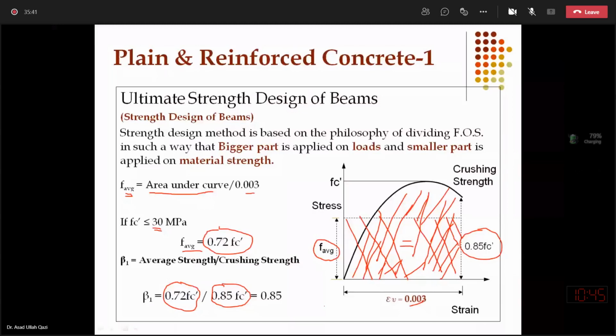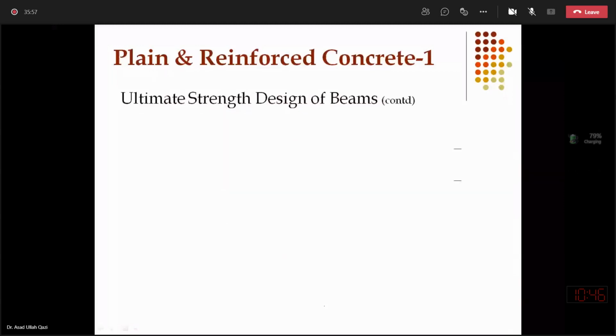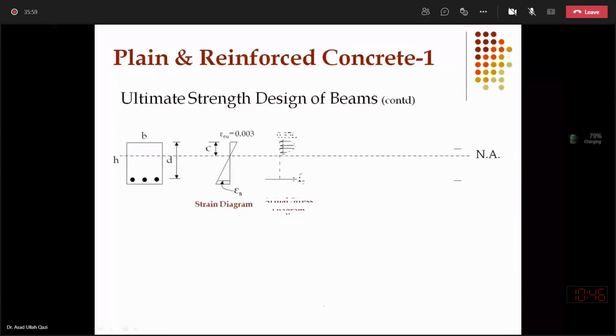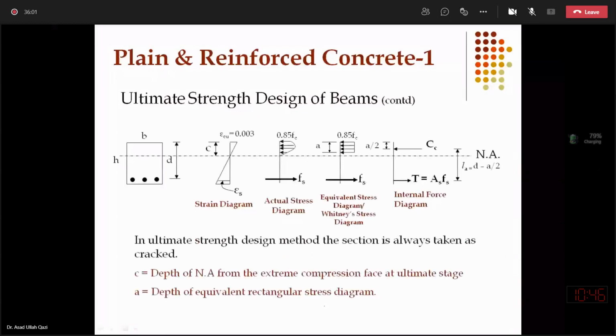So we need to work out, for higher strength concretes, the value of this unitless ratio of average strength over crushing strength. We will be using this beta 1 in the next slide, so I will talk about this ratio again.